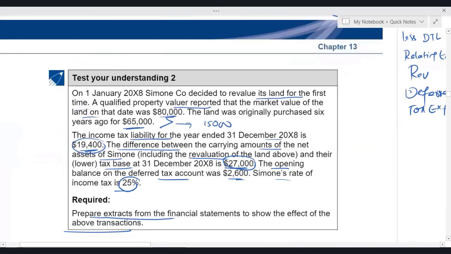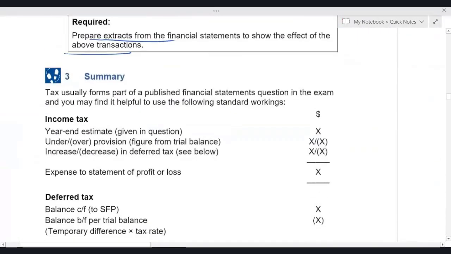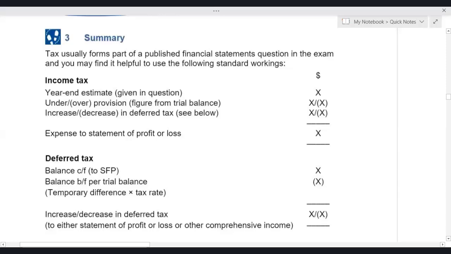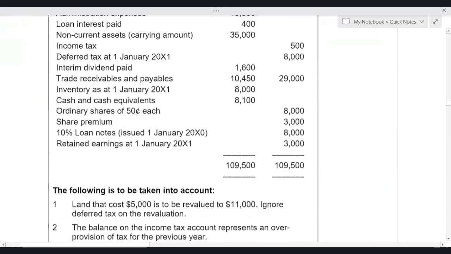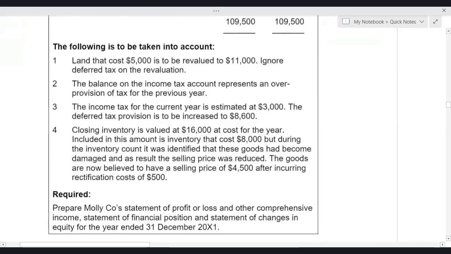And at the end of this PDF, I have given all the answers. Don't worry at all. So this is just a summary of what we have studied: income tax, deferred tax. Test your understanding 3 is a complete final account question, so right now there's no need to do this. Two lectures back, we did discuss at least one question of the final accounts.